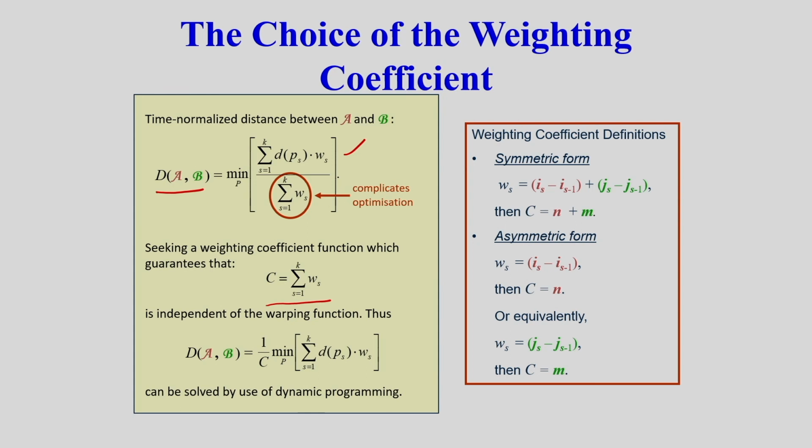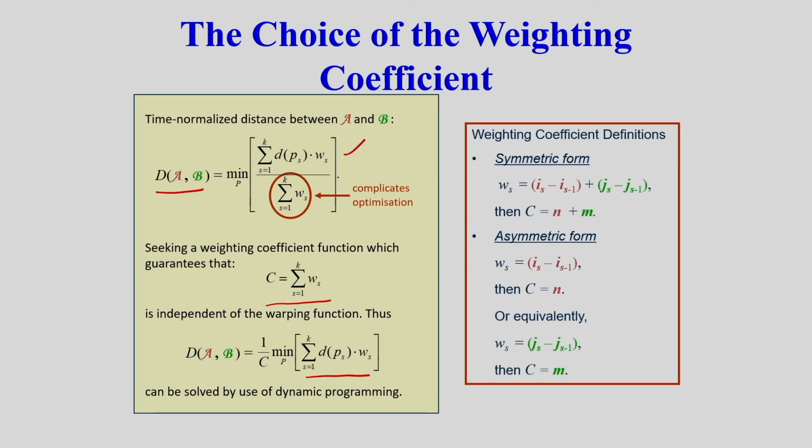So since it is independent of the warping function, I am taking it out. So it is 1 by C, minimum, and this I am considering the distance. That means I am considering the distance between A and B, and that is nothing but the time normalized distance.